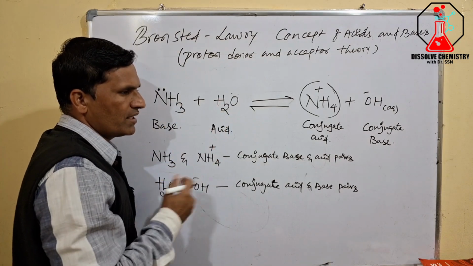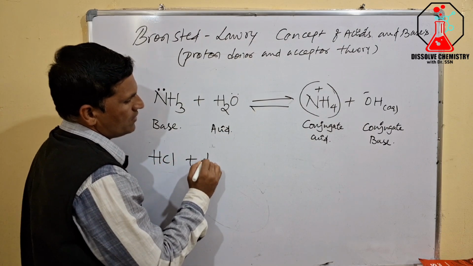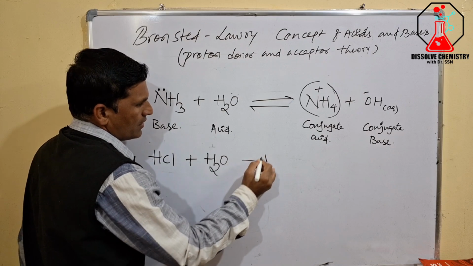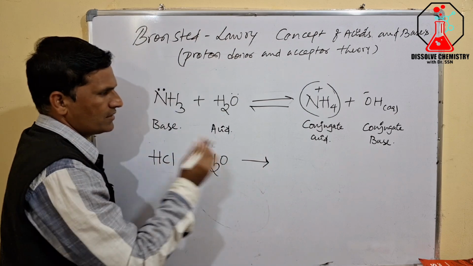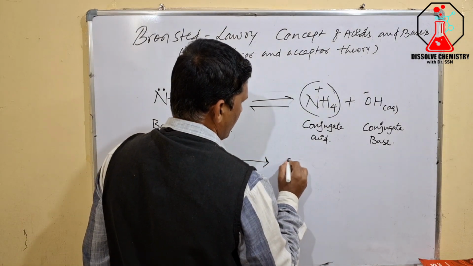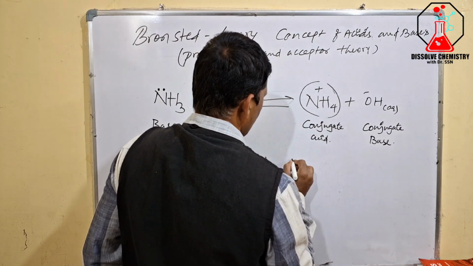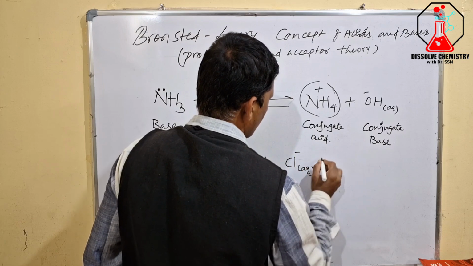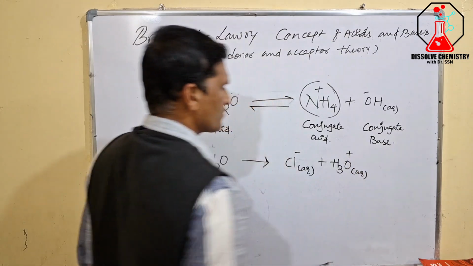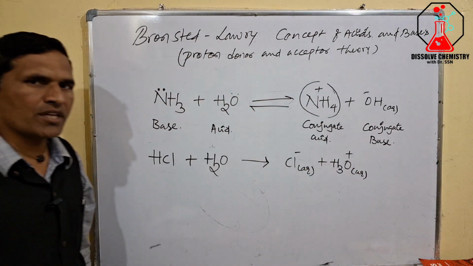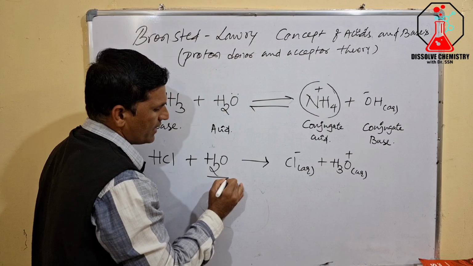We'll take another example and try to understand that. Now take HCl upon dissolution in water. It will act as a proton donor. HCl will donate the proton and form Cl minus aqueous plus H3O plus aqueous. When you look carefully, here water is acting as a base.